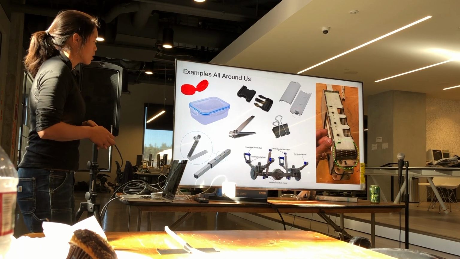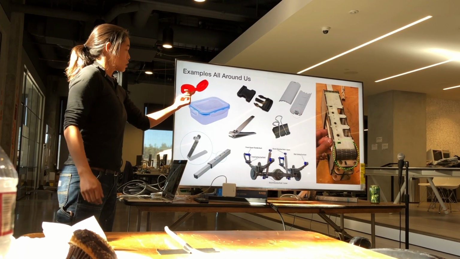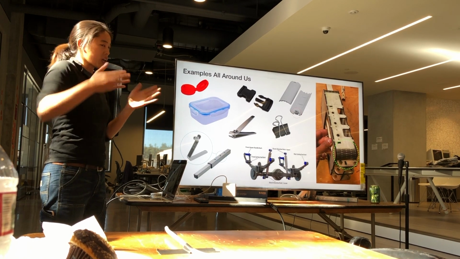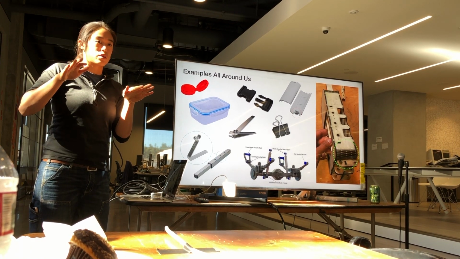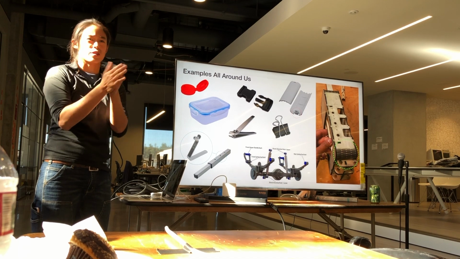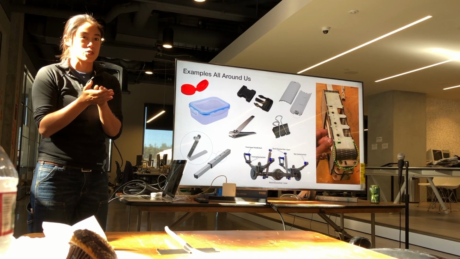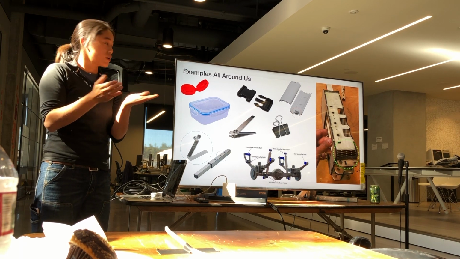So for example, on a lid or a Tupperware like this, you don't actually need there to be any force in the bending mechanism. I think a book is also a good example where you don't really need the book to spring open or spring close. You just need it to be able to deform.